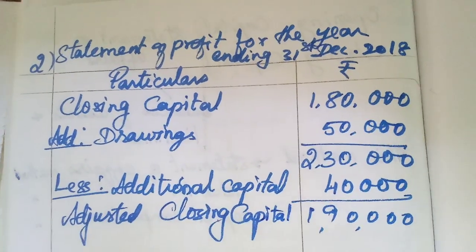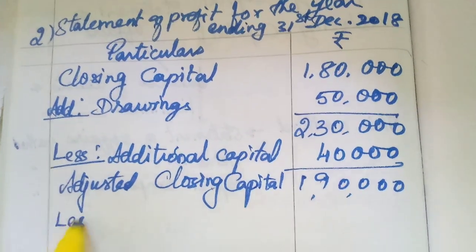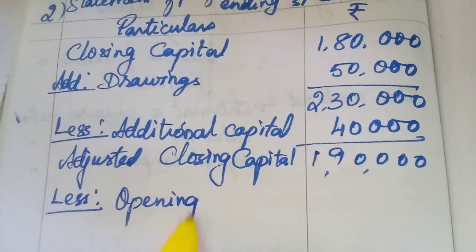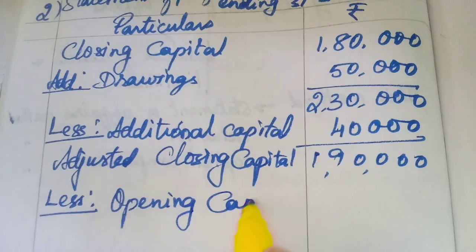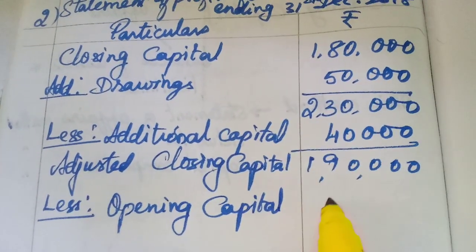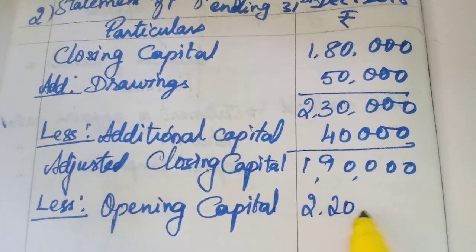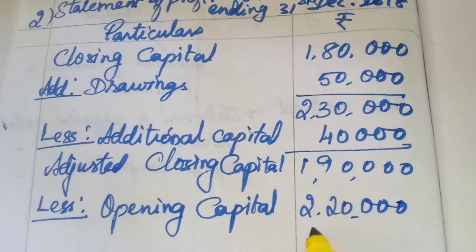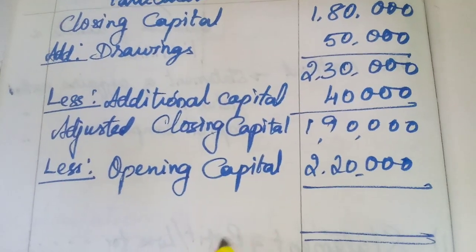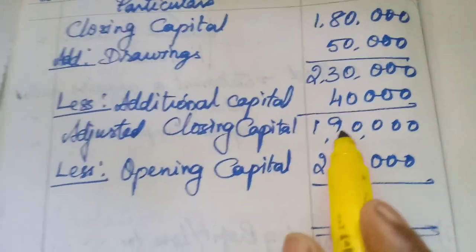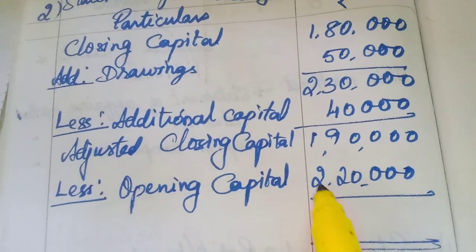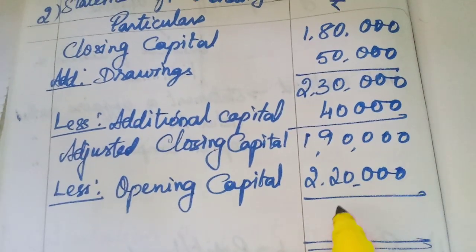From the adjusted closing capital we have to deduct the opening capital. Opening capital is 2,20,000. Here you see the opening capital is more than the closing capital. So we have to deduct 1,90,000 from 2,20,000. How much do we get here? 12 minus 9, 3.